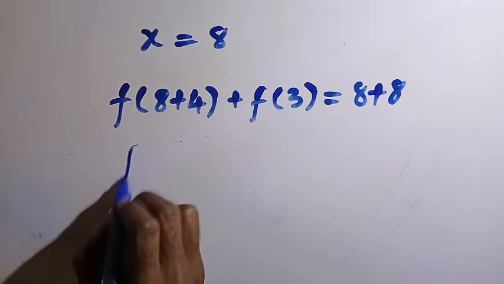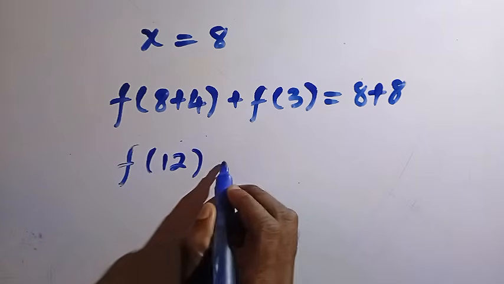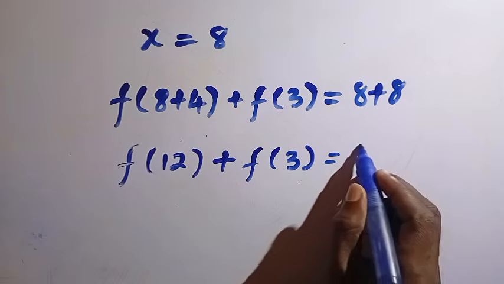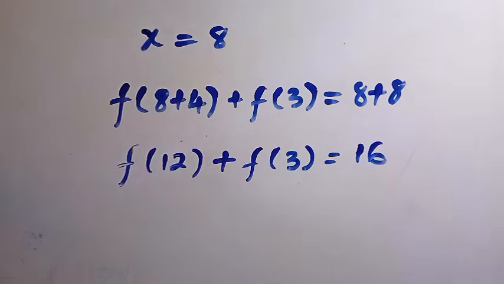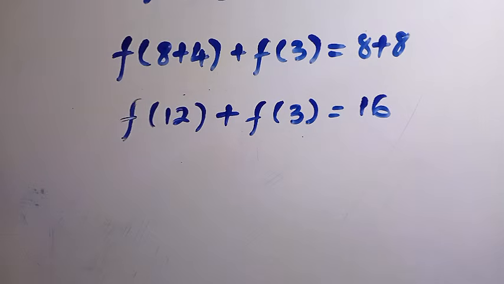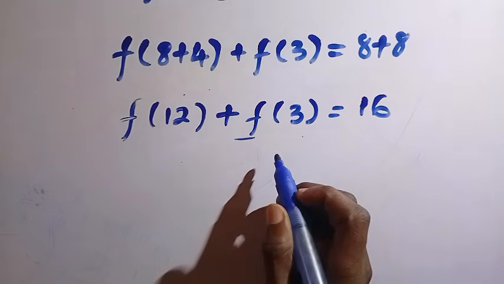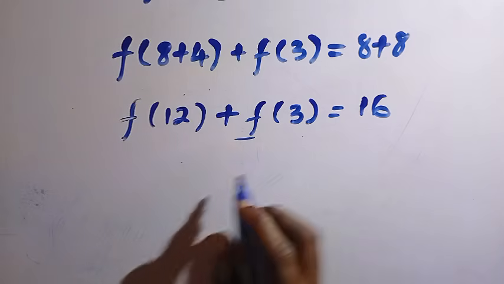Then here we have f of 12 plus f of 3 equals 16. So the next step is we are going to replace this f of 3 with what we have before, which is 7 divided by 2.